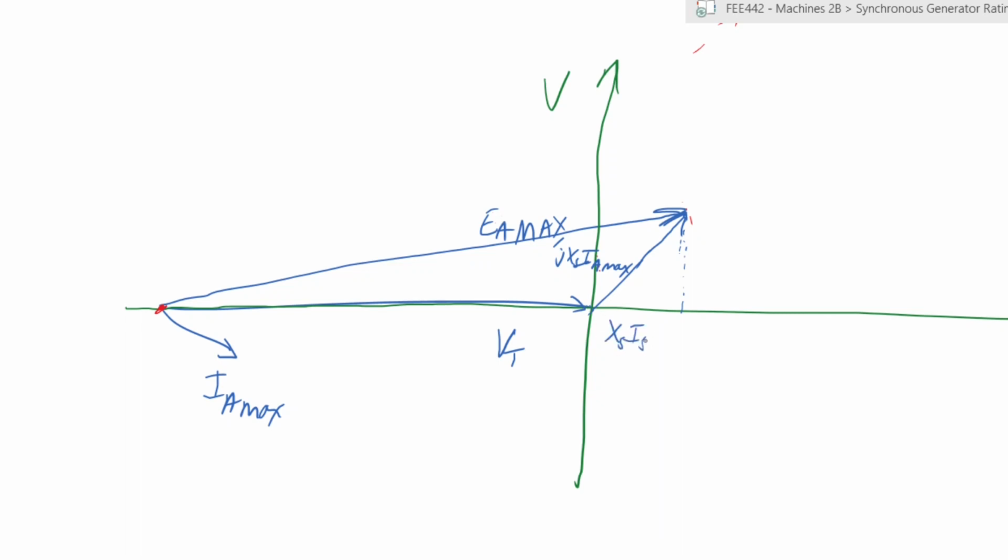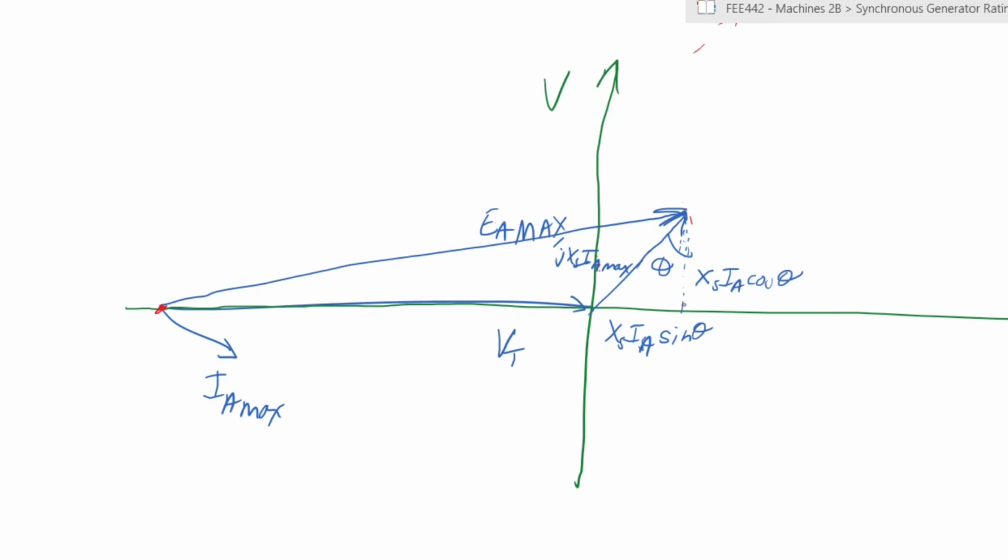So that we then have XS IA. If this is theta, you have XS IA sine theta. And if this is cos theta, you'll have XS IA cos theta, right?